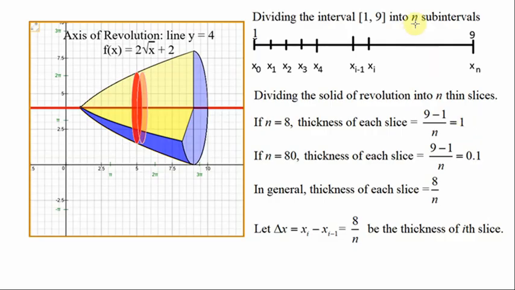If we let n be 80, meaning we want 80 sub-intervals, then the length of each sub-interval would be 0.1, since 9 minus 1 over 80 is 0.1, and the thickness of each slice would also be 0.1. So in general, the thickness of each slice would be 8 over n.